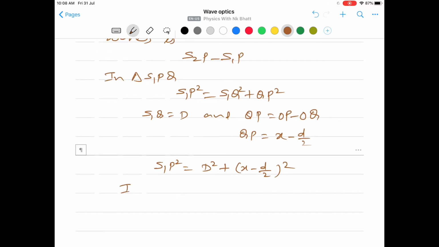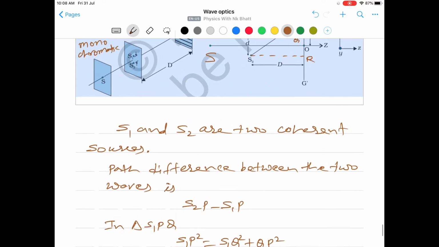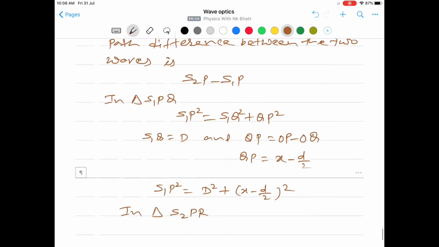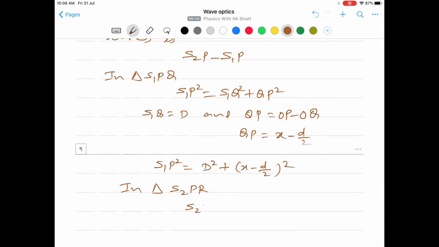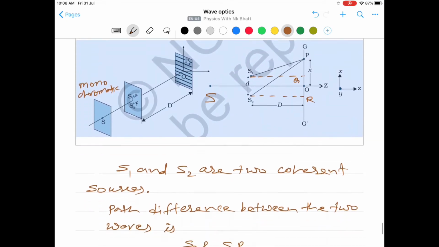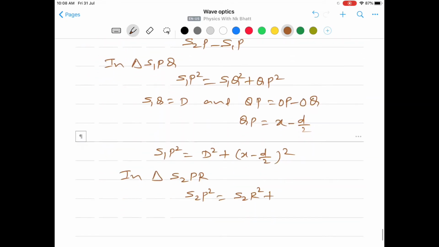Similarly, in triangle S2PR, using the same Pythagoras theorem, we will have S2P square is equal to S2R square plus PR square, or RP square.